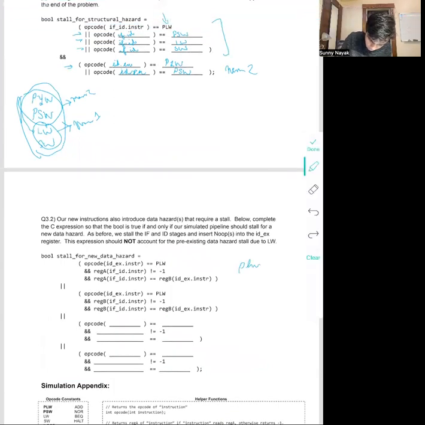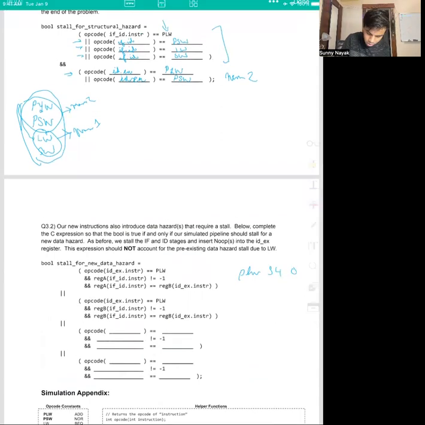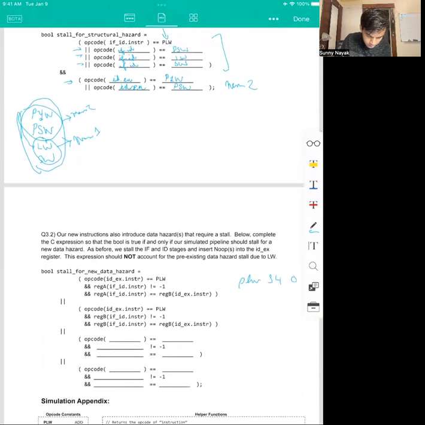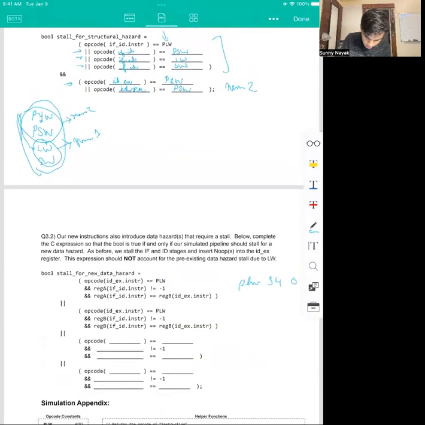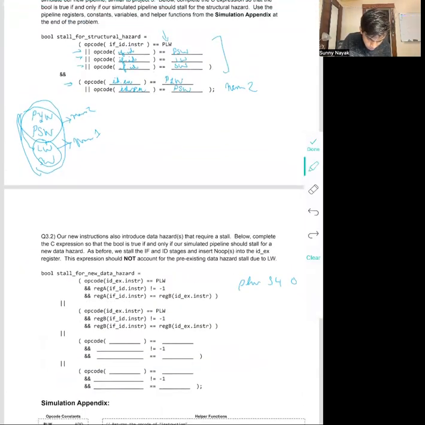PLW 3, 4, and then just offset 0. And then I had IFID, remember, comes before IDEX. So we're going to have, let's say, a PLW, right? Because my IFID instruction has to match my IDEX instruction.